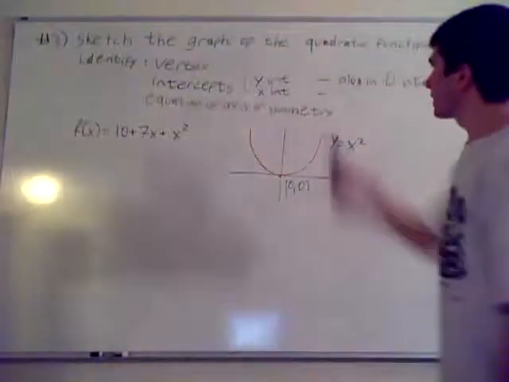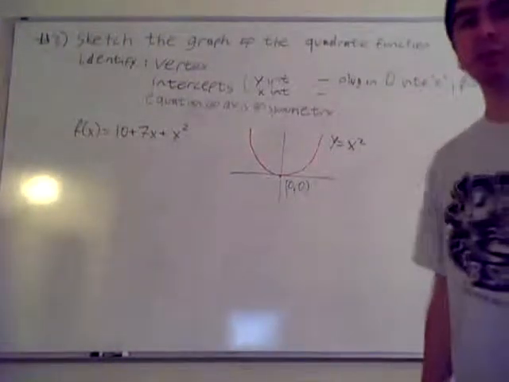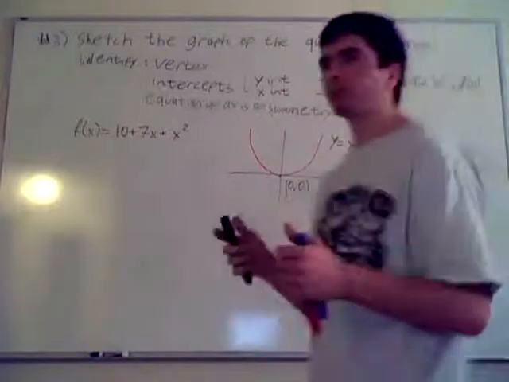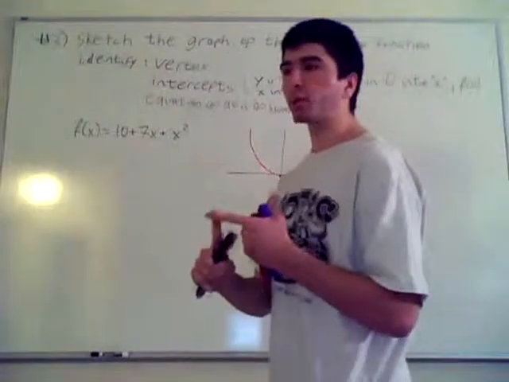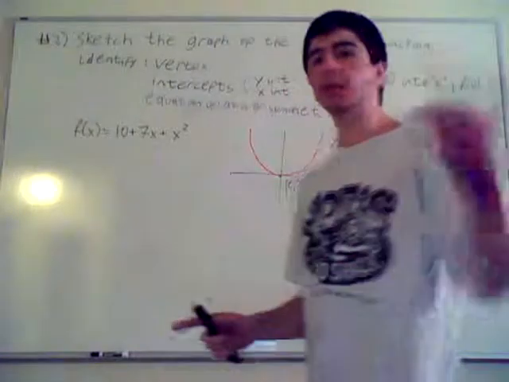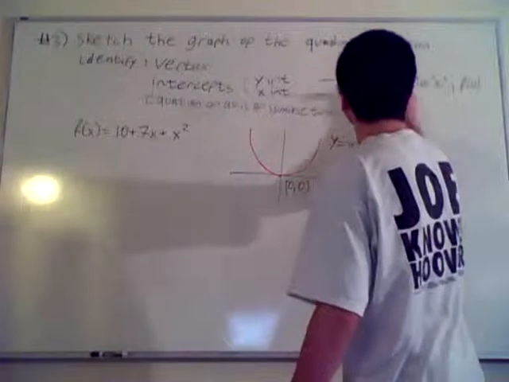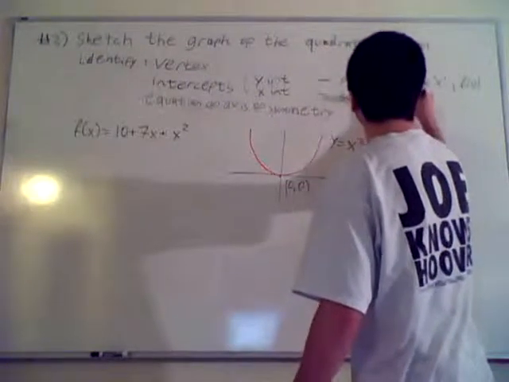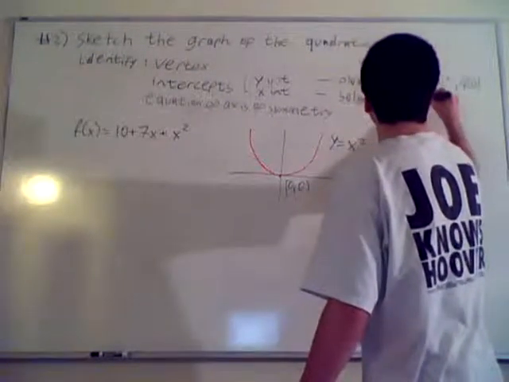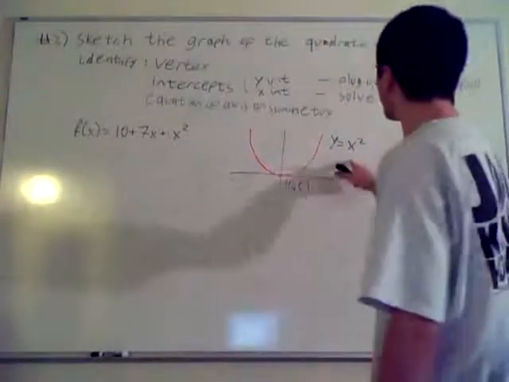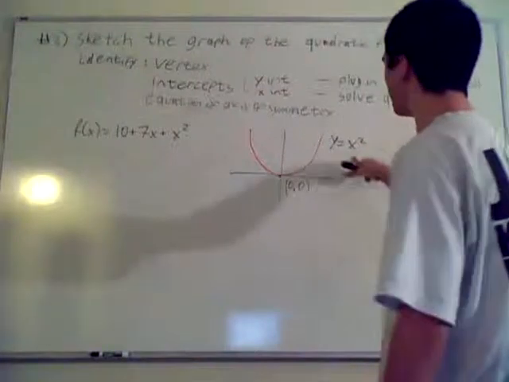For the x-intercept, you have to solve the quadratic. So factor, quadratic formula, difference of squares, any one of those methods. In this case, if you plug 0 into x, you get y equals 0.